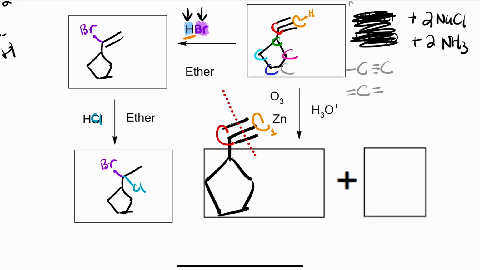But where it splits, you want to start the numbering over again because it splits them in half. New carbon 1, and actually it doesn't matter at this point because we're splitting it at the end.